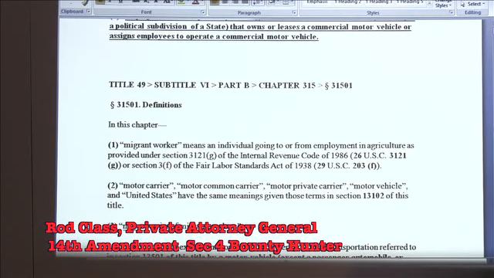Motor carrier, motor common carrier, motor private carrier, motor vehicle in the United States has the same meaning given to these terms in Section 102 of this title.